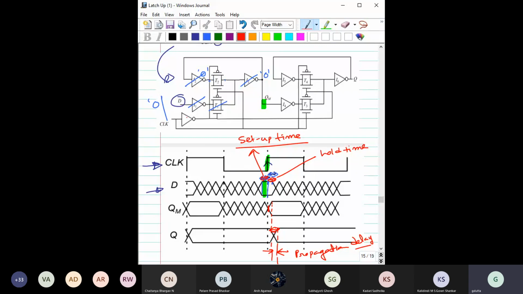Say this first inverter is not present. Then whatever is the change in D will be reflected immediately across this, right? Degrade due to this T2. Why? Okay, you were saying hold time is required because of T2. Okay, why?